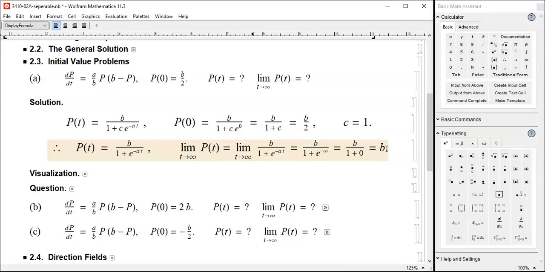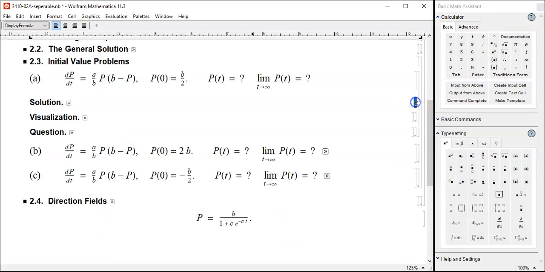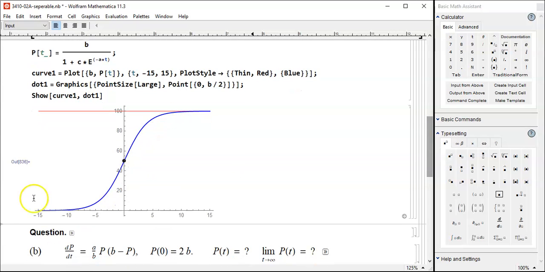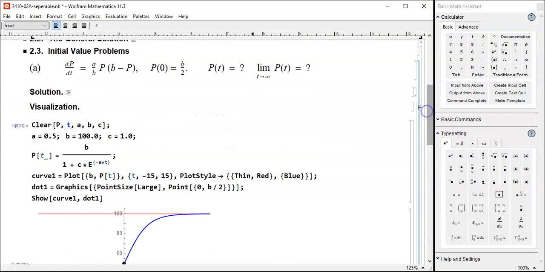And then if you take the limit as t goes to infinity, then we have that mature population there. Here's a visualization. Grow slowly and then explode, and then we have a stabilizing mature population.